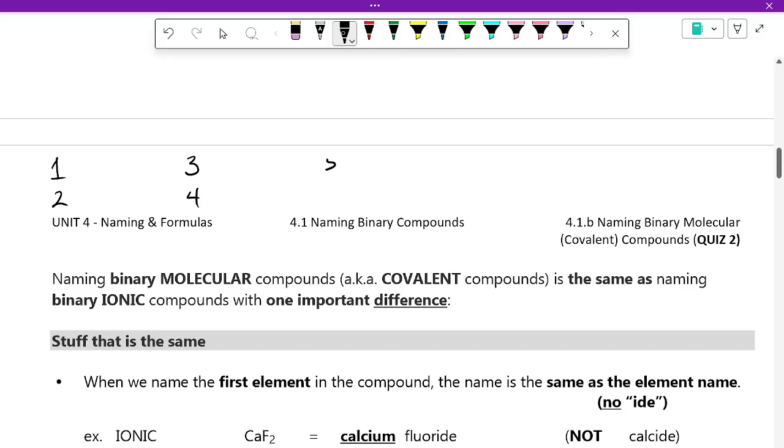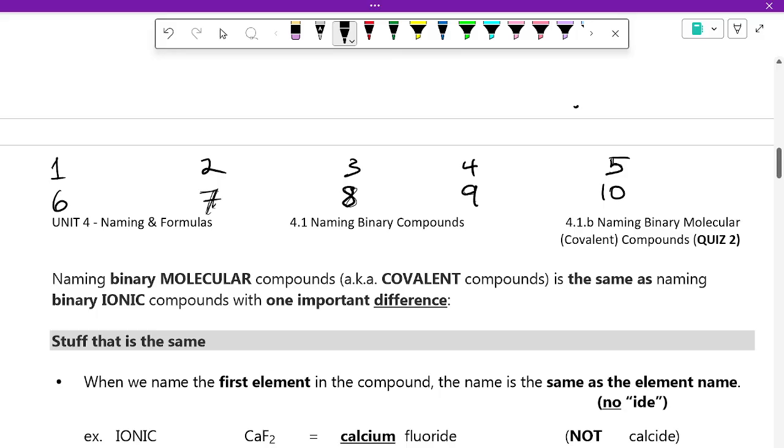Actually, maybe I should do it going across this way. That makes more sense. Yeah, no, that's the one. Tetra. Penta. Hexa. Hepta? Yes, hepta.